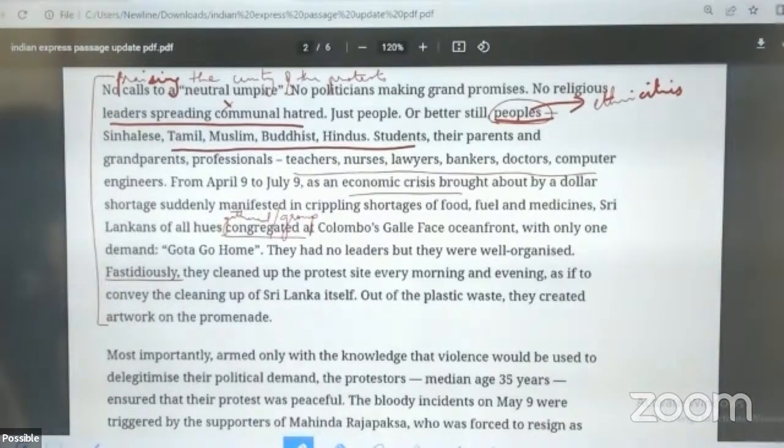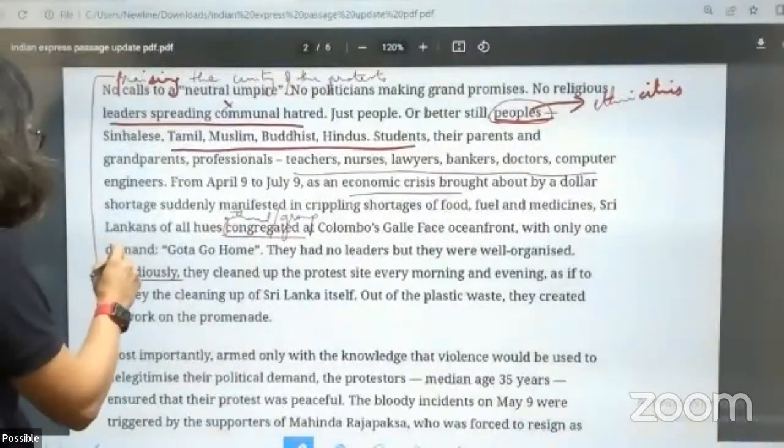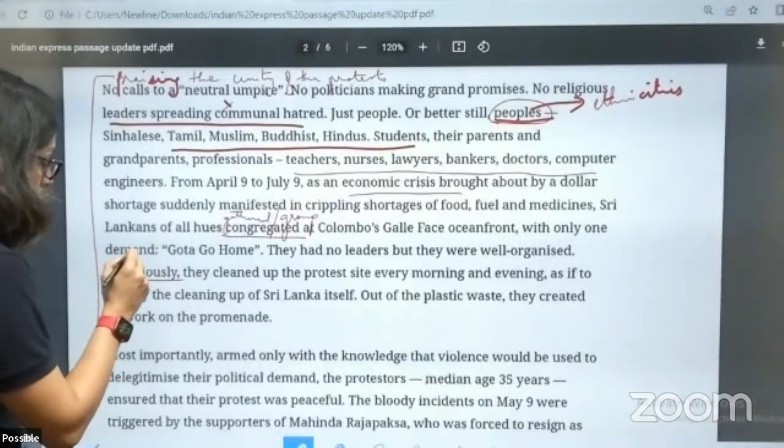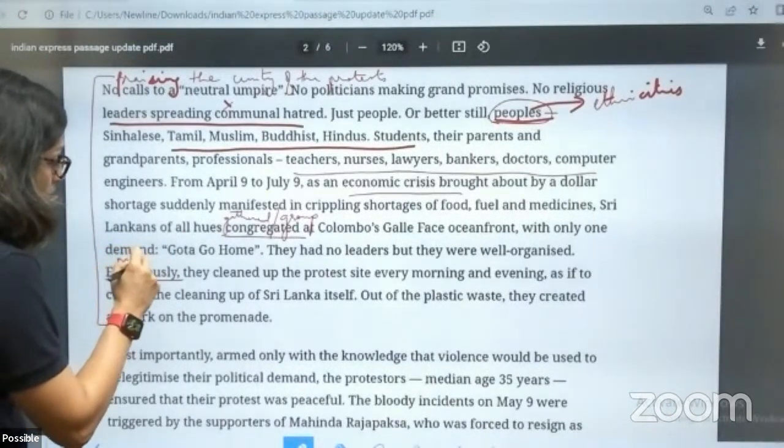What about fastidious? Fastidious. We must have done this in your vocabulary classes also. Spontaneous, quickly. Okay. A better word for fastidious would be meticulous.